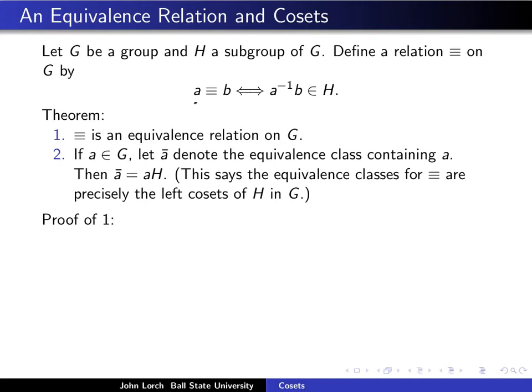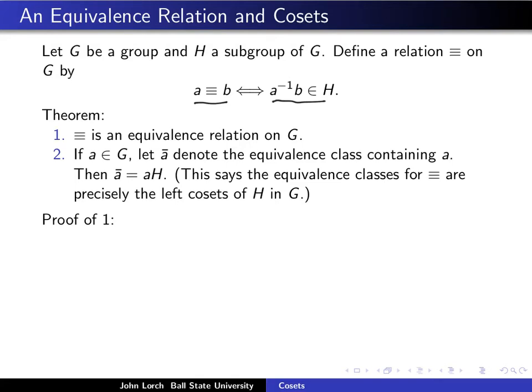We'll say that A is equivalent to B if and only if A inverse B sits within the subgroup H. So this relation, it turns out, is an equivalence relation on G. Now in your reading, there's quite a bit more about equivalence relations, and I'll ask you to read through some of that material. I will not be reviewing it in great depth here. Okay, but that's item one of our theorem, that this relation is an equivalence relation.